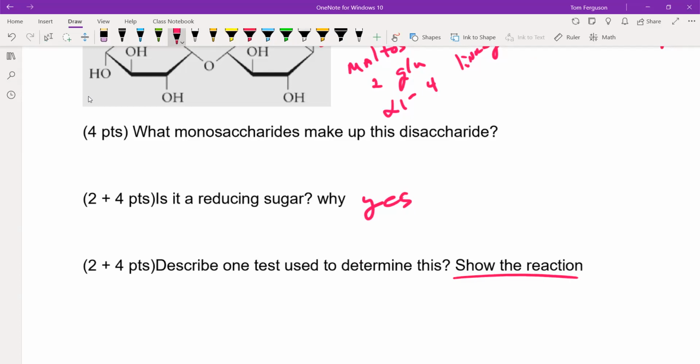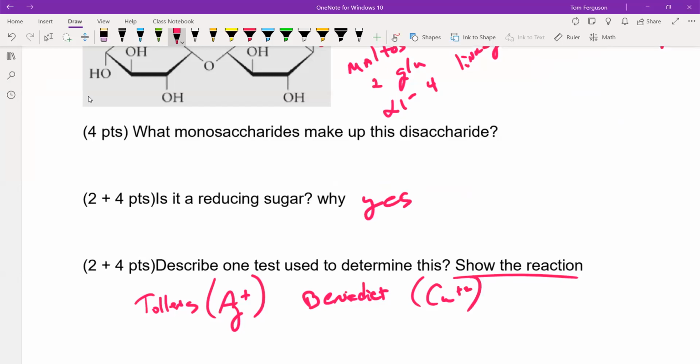Okay, we can use Tollens, that's with silver, and use Benedict's, that's with copper plus 2.